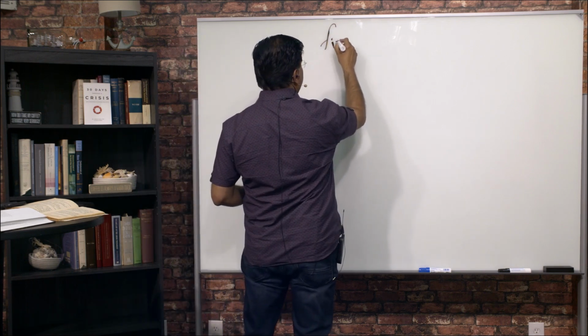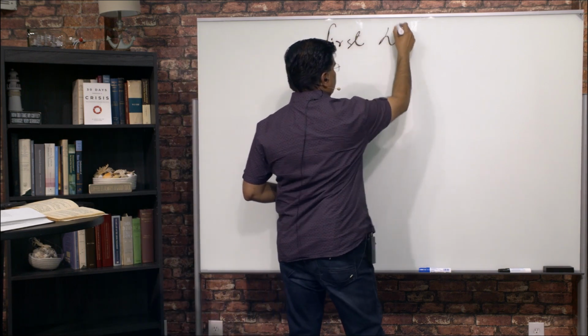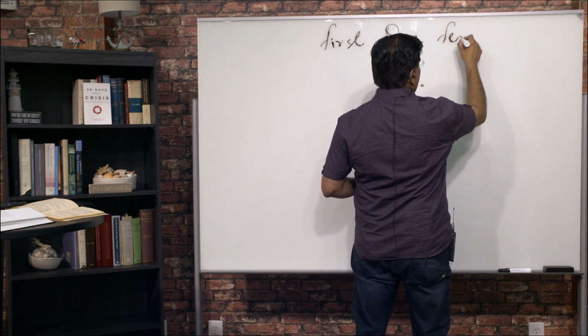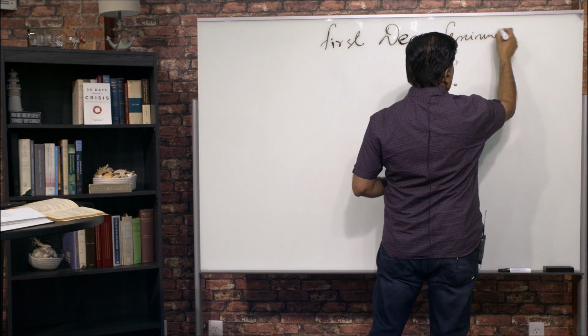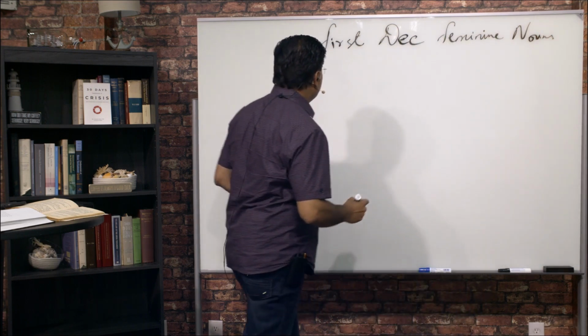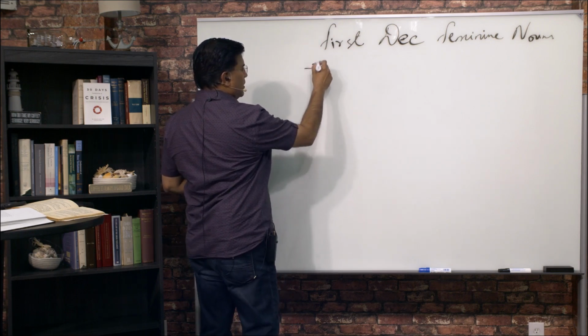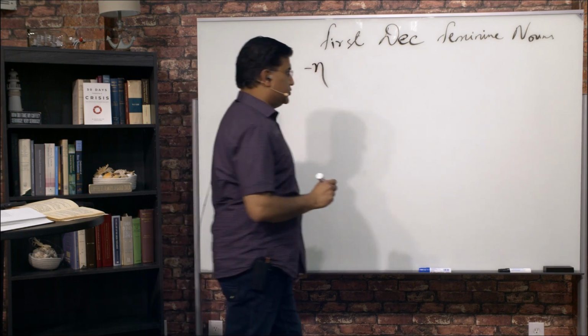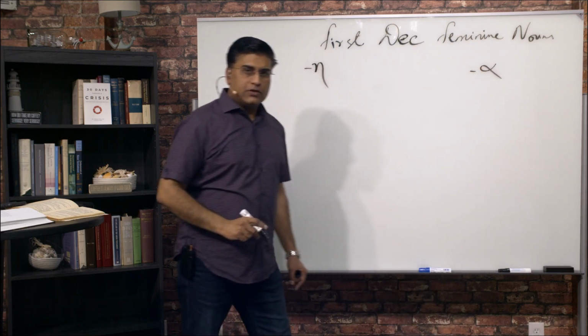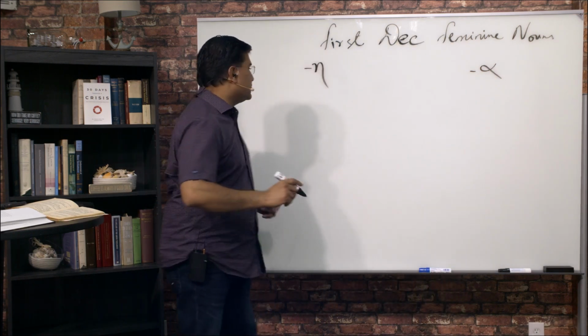First declension, feminine nouns with an eta ending, and then we're going to do the alpha ending. So let's draw up our table first.